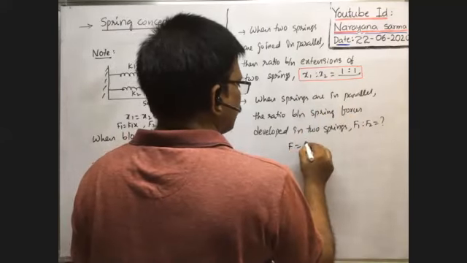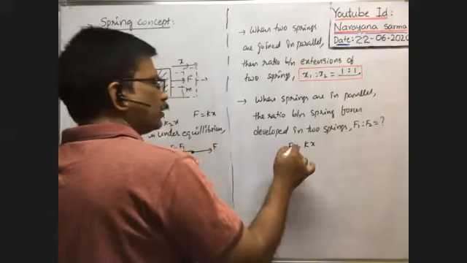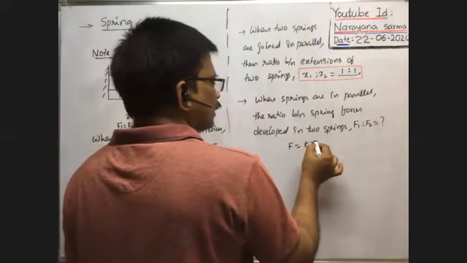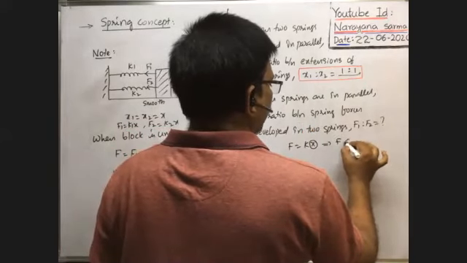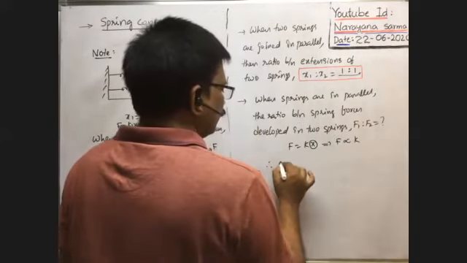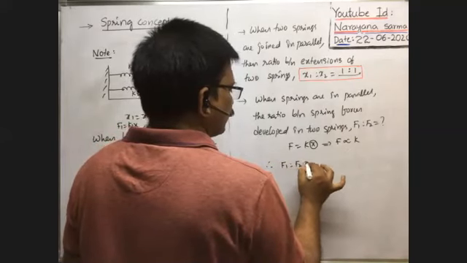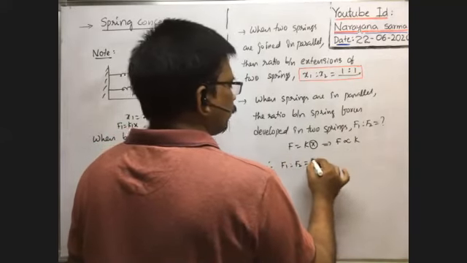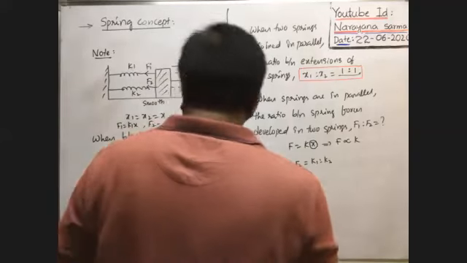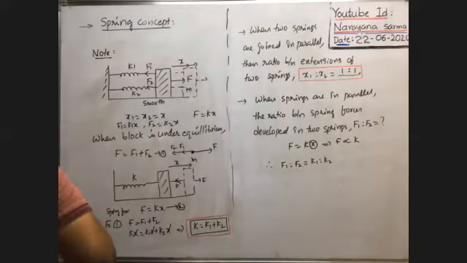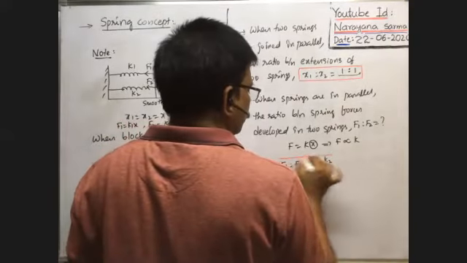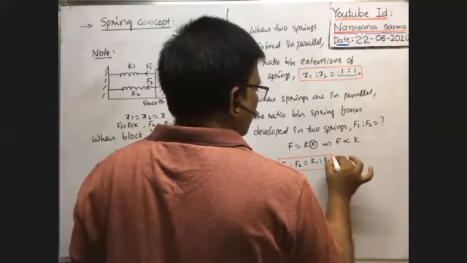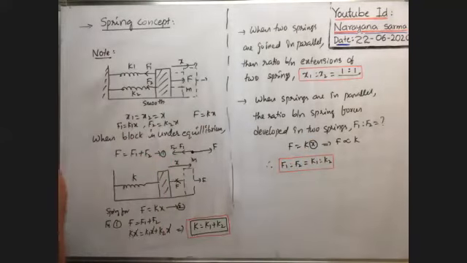From the formula, F is equal to Kx, the extension is the same in both springs. That's why the spring force developed is directly proportional to K. Therefore, the ratio between the spring forces is equal to the ratio between their spring constants: F1 is to F2 is K1 is to K2. Okay, this is about series and parallel.